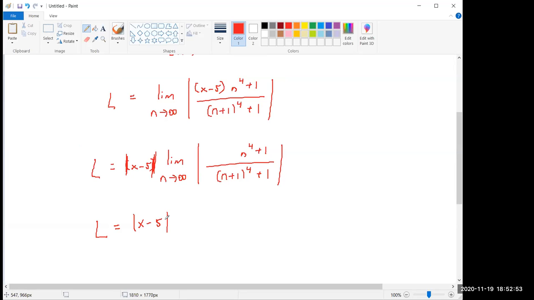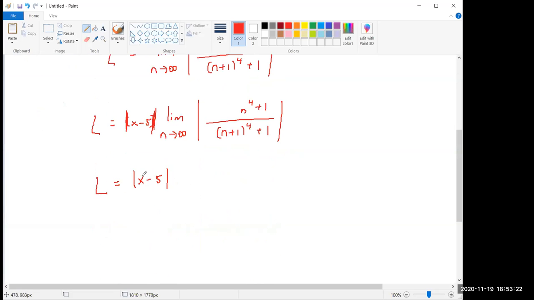What should we do if we want to find where this series converges? So keep in mind the conclusion of the ratio test, where we just did the ratio test and we found the limit.